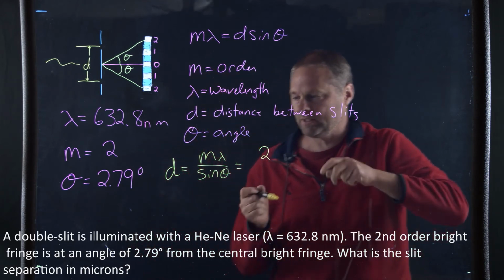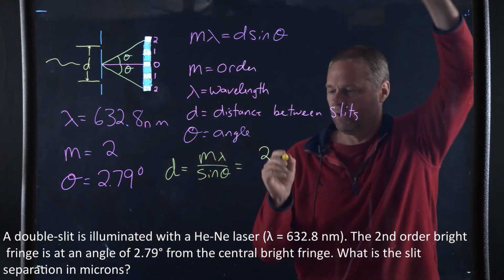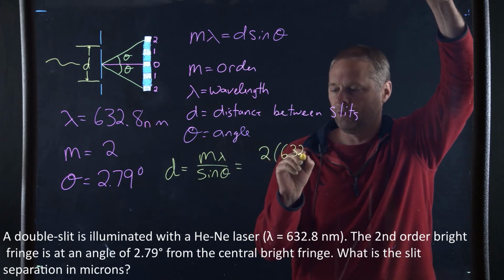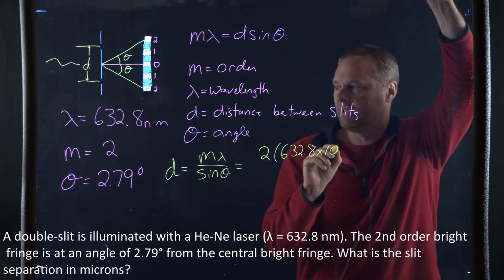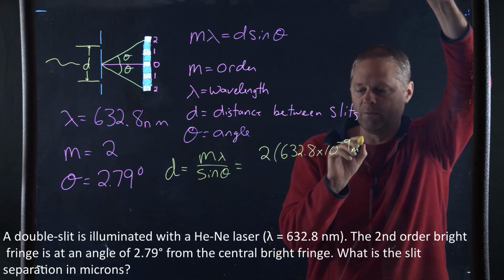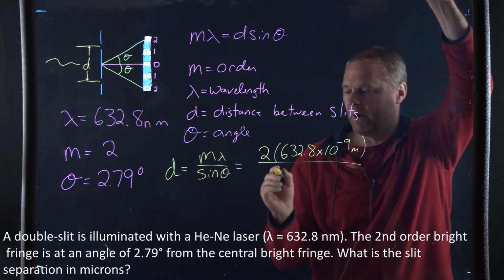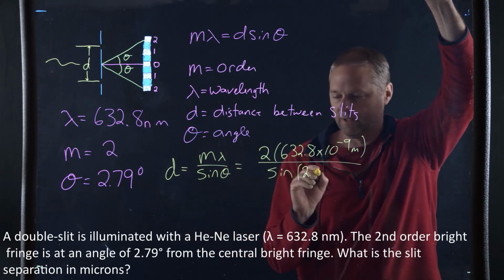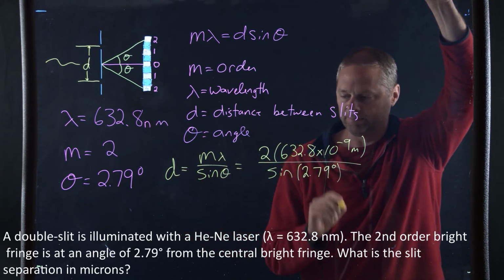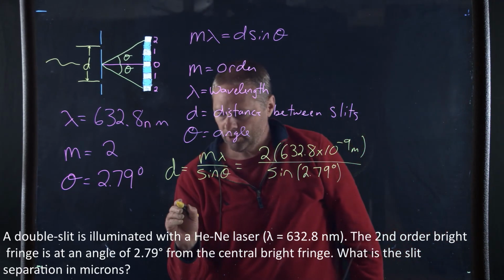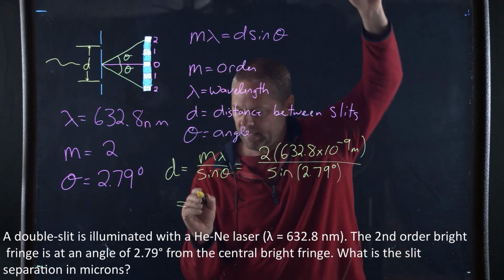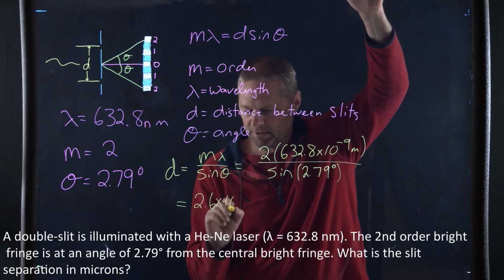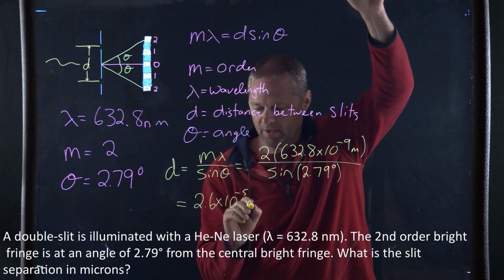If we write that in terms of meters, our wavelength is 632.8 times 10 to the negative 9th meters, divided by the sine of our angle, which is 2.79 degrees. We do this arithmetic, and what we end up getting is 2.6 times 10 to the minus 5th meters.